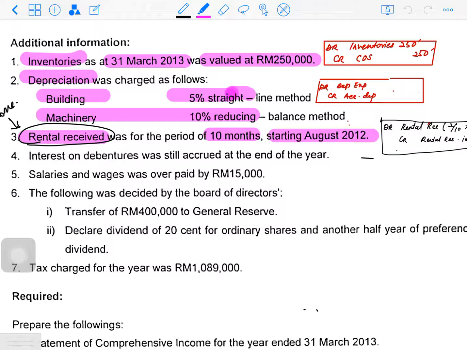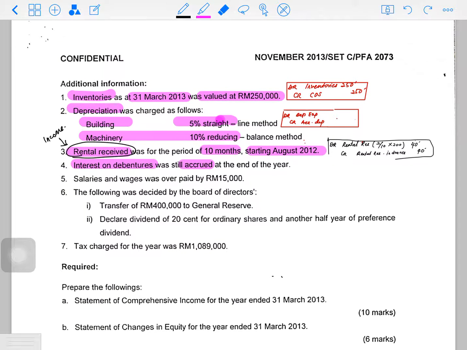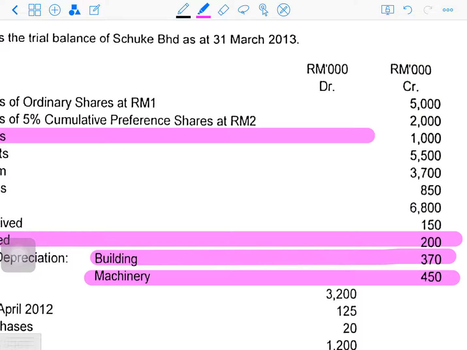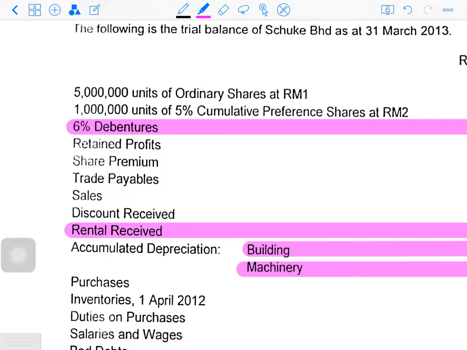Okay, next we have interest on debenture. Still accrued. That means it is not provided yet. To know the interest on debenture, you have to look at the debenture in your trial balance. Here you have a debenture, 1 million.